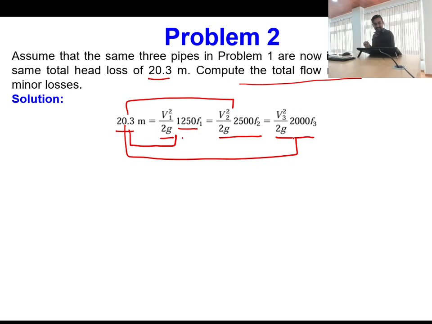But the only thing is that I have two unknowns in each equation: f1 and V1, here f2, V2 and f3 and V3. And also f has a certain dependence upon V. But what I told you yesterday when we were doing the problem on pipes in series is that whenever we have to take the first guess of f, we have to consider it for a totally rough design.